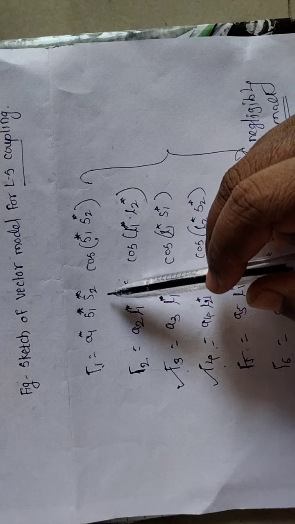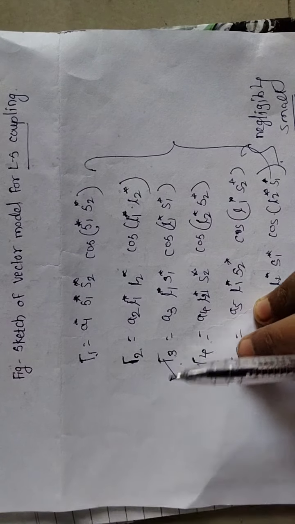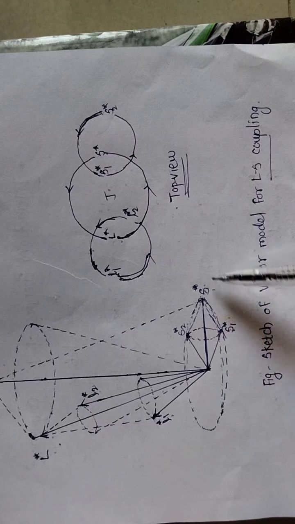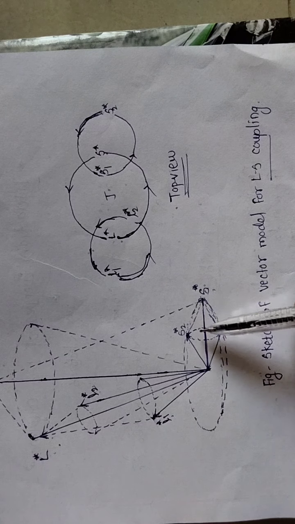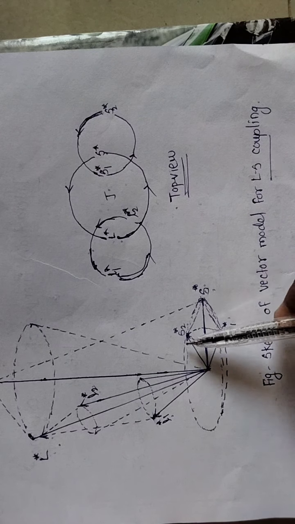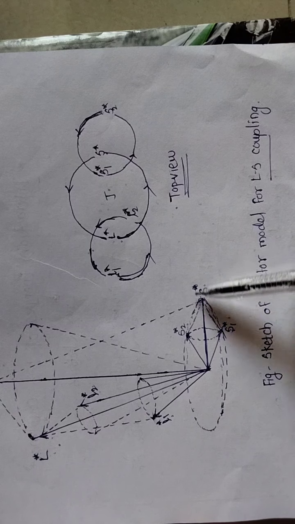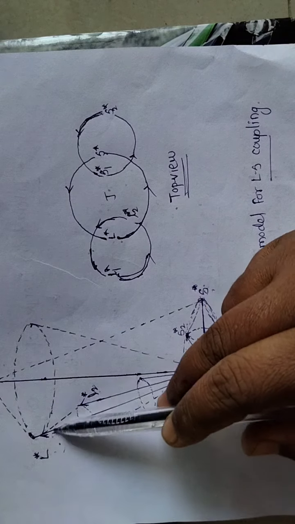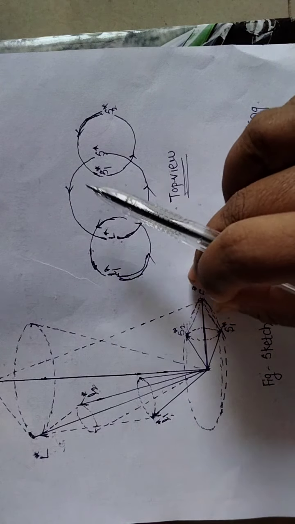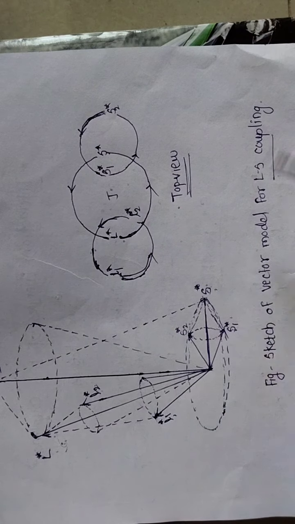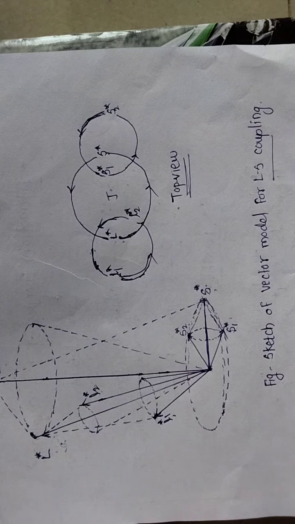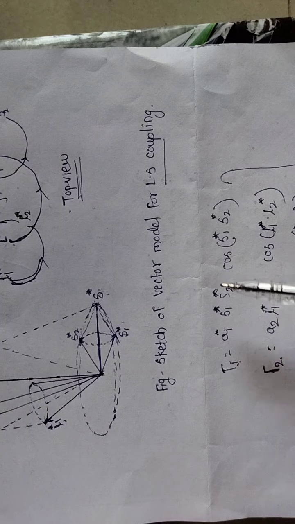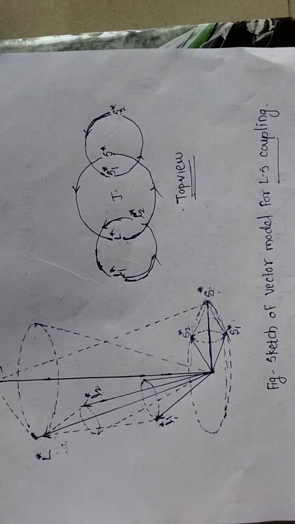Because here S1 star and S2 star are coupled with each other and precess along this S star, and L1 star and L2 star precess along this L star. So these are the dominant interactions this figure shows.